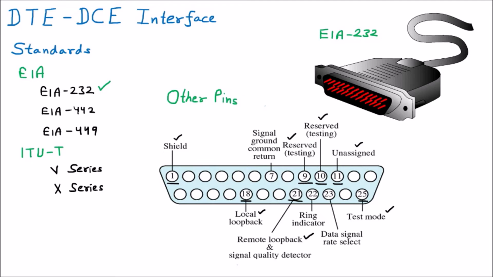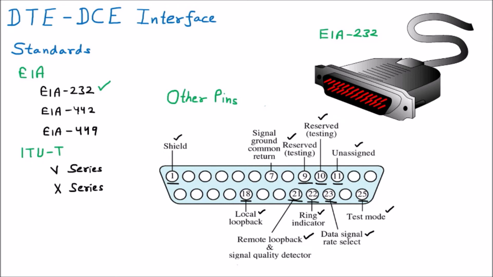Then the ring indicator is pin number 22. Let us suppose you are going to transmit data and in between the data is moving in a ring, meaning the data is not moving further, it is creating a ring. That is pin number 22. Then we have pin number 23, which is data signal rate select.